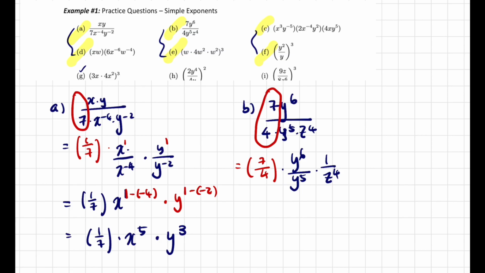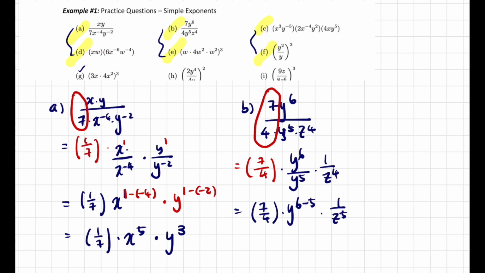Because we don't have any other z in the numerator. Then simplifying the y's will be the same as y to the power of 6 minus 5 using the quotient rule. Then we get this, then it can simplify as 7 over 4 times y to the power of 1 times 1 over z to the power of 4.